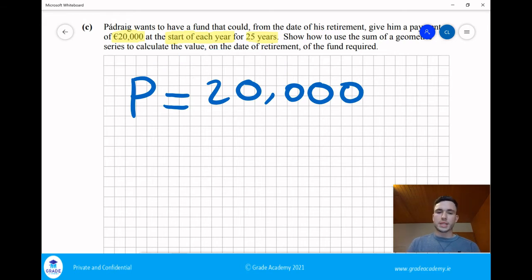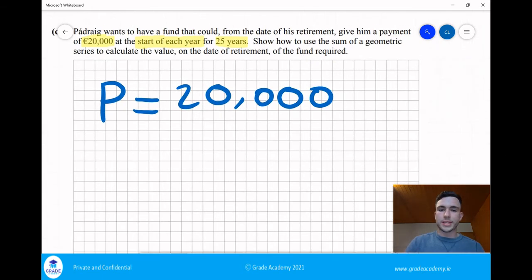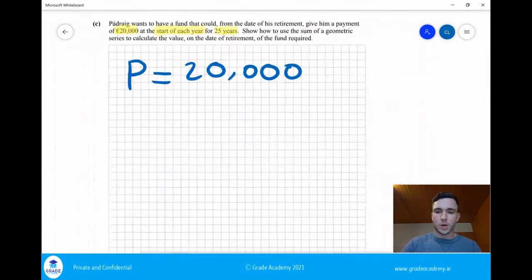Is that €20,000 sitting in there for any amount of time from the day he retires? And the answer is no, because he is also taking out that €20,000 on the date of his retirement. And if that doesn't make sense, don't worry, it'll start to make sense as we do more. So we're just going to leave that €20,000 as it is.